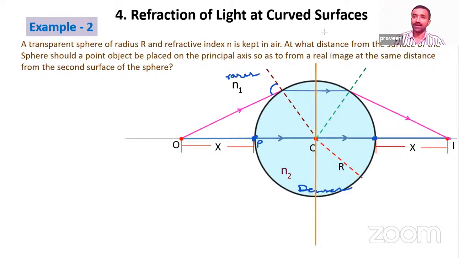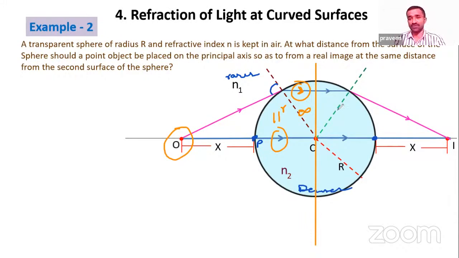So look at this figure again. If I consider this as an object, after the first surface the refracted light rays and the principal axis become parallel to each other. So where will the image be obtained for these two refracted rays? At infinity.